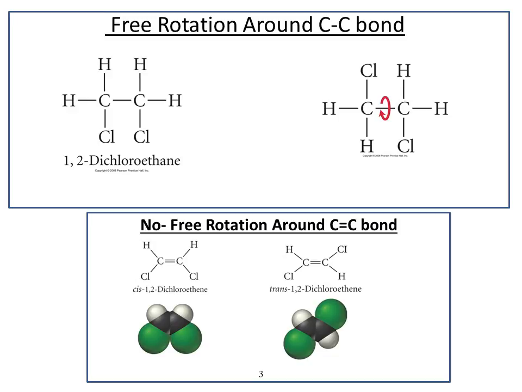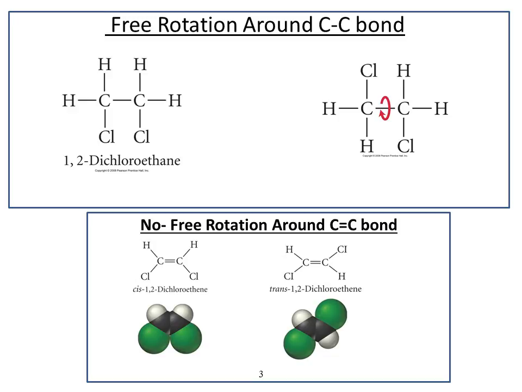But if you take a double bond which has one hydrogen and one chlorine on each carbon, you can see that in one molecule the chlorines are on the same side, but in the molecule on the right-hand side, the chlorines are on opposite sides. This double bond cannot be rotated to go back to the other molecule, so they are different molecules.